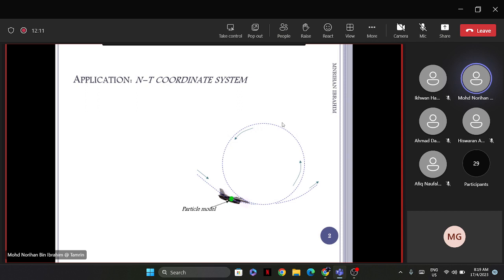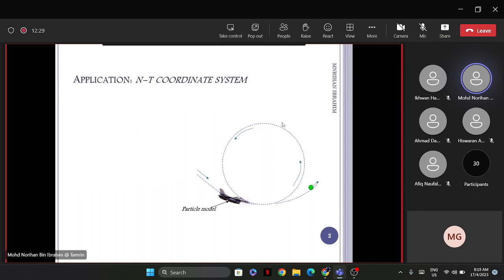As you can see here, we have this flying jet, which in this simulation moves according to a circular path of motion.